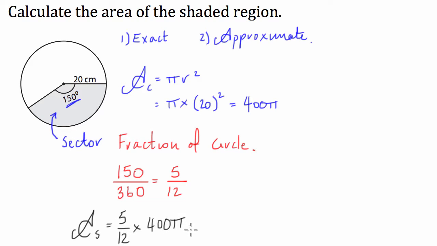400 pi. So 400 times 5, 4 5s are 20 plus 2 zeros, so 2000 pi divided by 12. And then we can just start to simplify this. We know that 4 goes into both. So 4 goes into 2000 500 times.